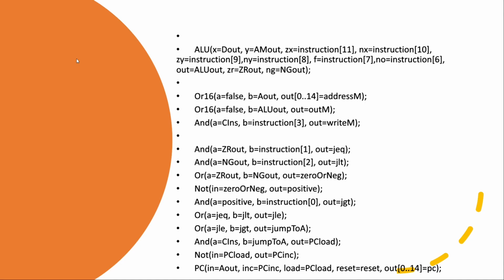If our instruction is C and conditions are met, then the PC is loaded with the value that will ask our CPU to jump to the specified value. If PC is not loaded, then it is incremented, which means it will read the next instruction. Thank you. This is the explanation of our CPU implementation.